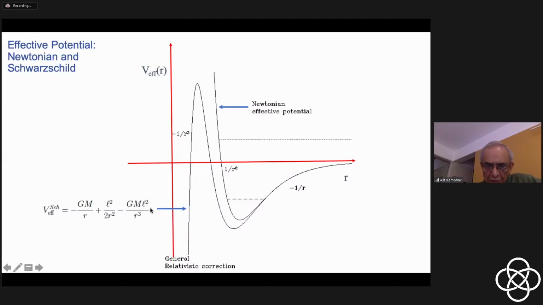If we did not have general relativity, and were doing our calculations only within the framework of Newton's theory, then we would have this particular curve here. This is the minus 1 upon r part, and this is the 1 upon r square part. The centrifugal part is the repulsion and the gravitational part is attraction.